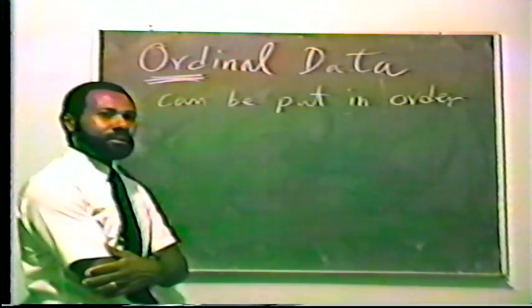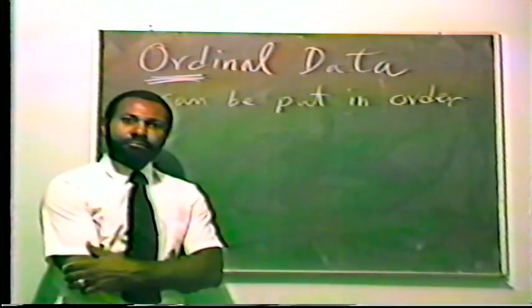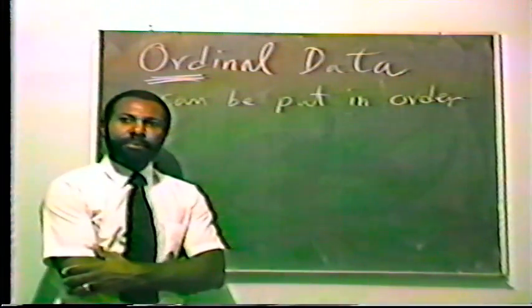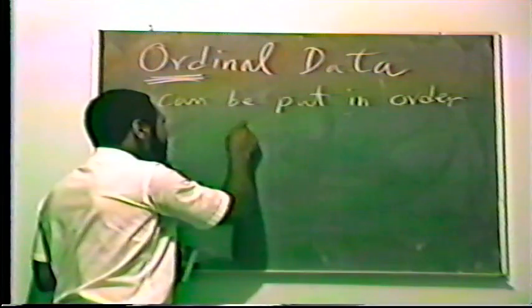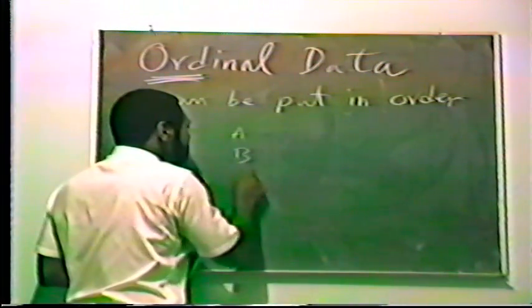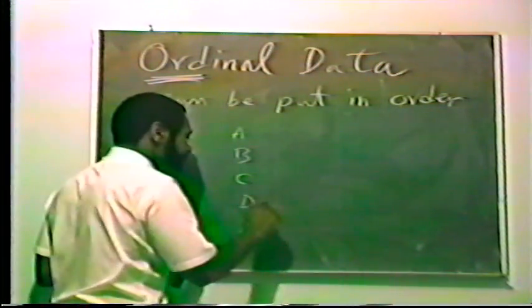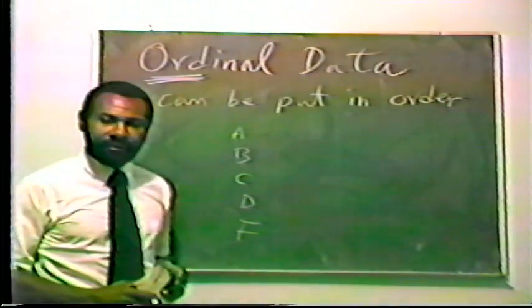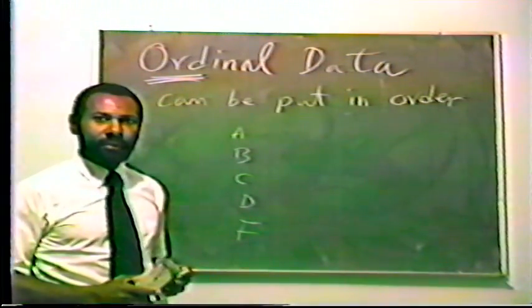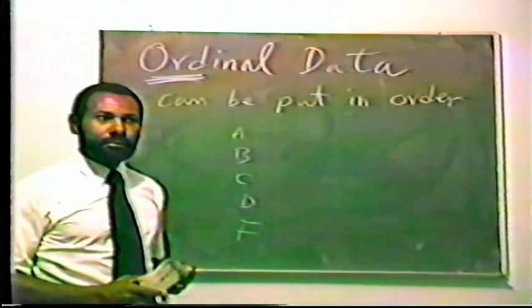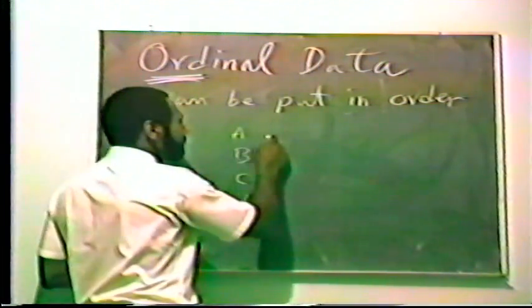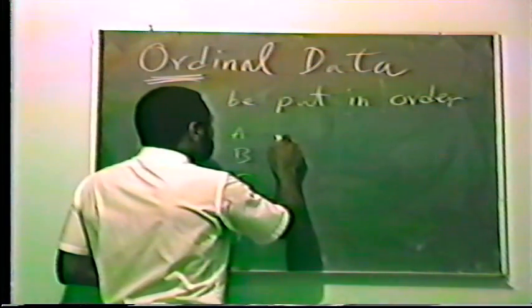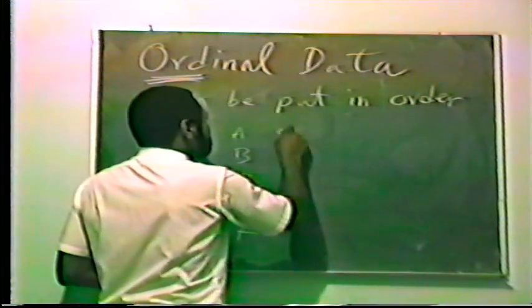For example, your grade point averages, they can be put in order. Your letter grades, for example, A, B, C, D, F. Those letter grades, they can be put in order. Here, an A, we consider that excellent.